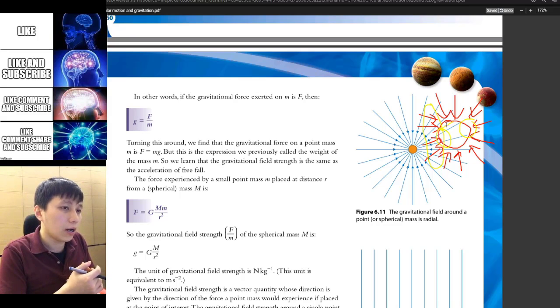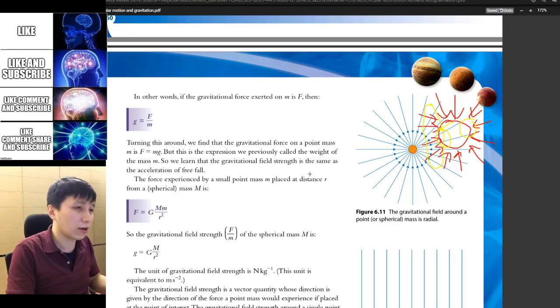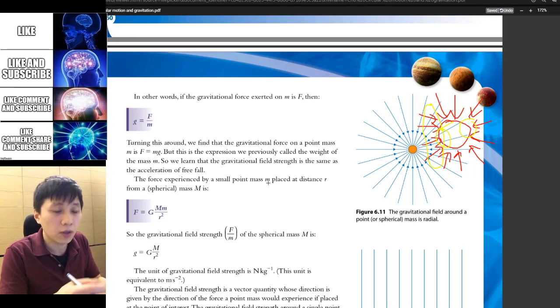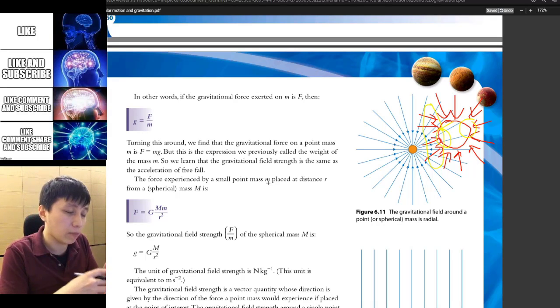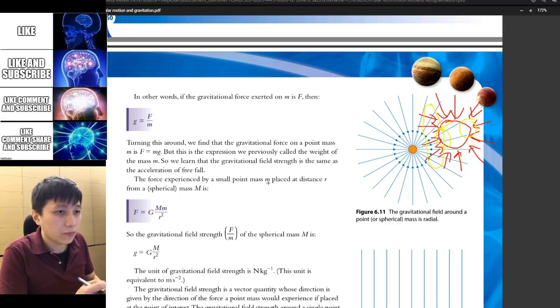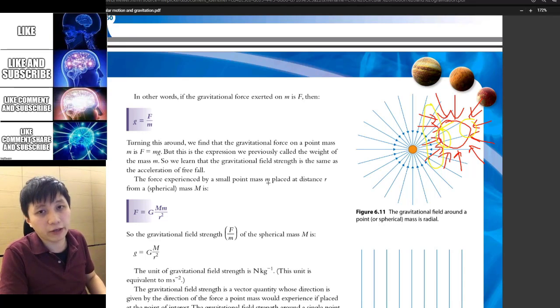And so in order to simplify the whole model, whenever we talk about the field strength, we always talk about the small point mass for gravitation. And later on, when you learn about electric field, then we'll be talking about small point charge instead. So this is the idea that we have to understand and mention whenever you have to recall the definition.